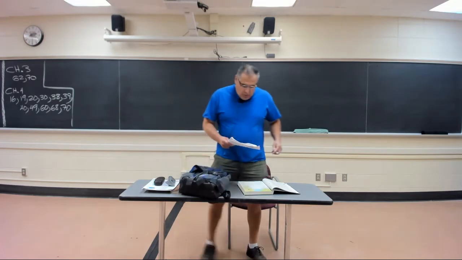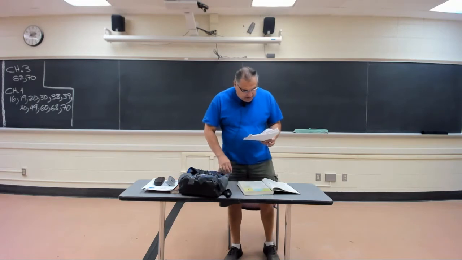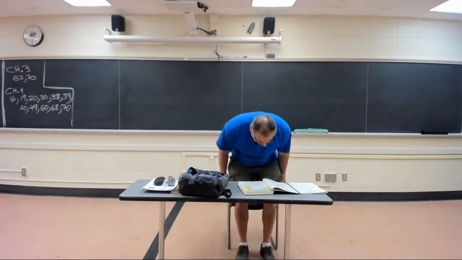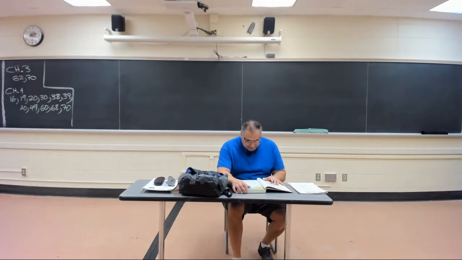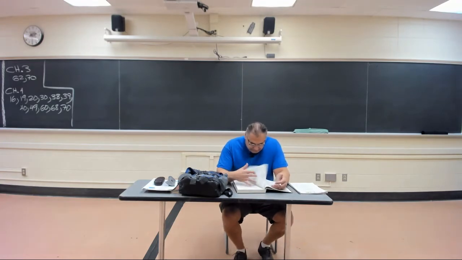So with that in mind, let's take a read at some of this stuff. Now you already saw me talk about vectors a little bit, and chapter 3 gets into vectors. We're talking about 62 and 70.